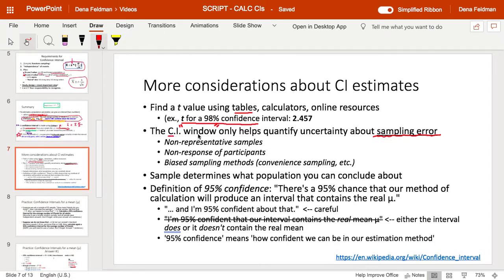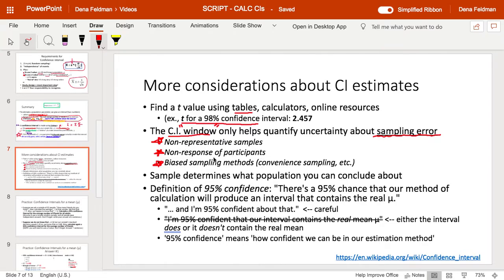This window that we make doesn't take into consideration if you took a bad sample, or if you didn't sample the population entirely, or took a sample that doesn't represent the population, or if you had other factors that influenced your sample.